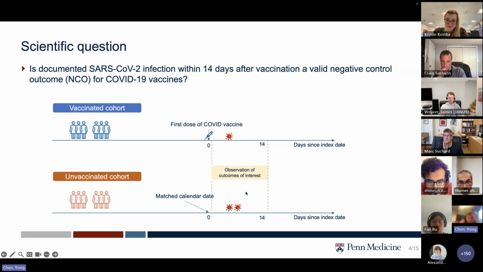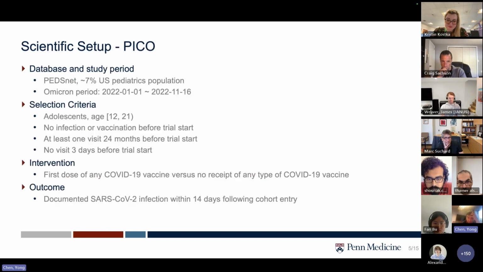To avoid this so-called immortal time bias, we implemented this sequential trial emulation, but that's the more technical side. So the study setup is that we have a large database, PEDSnet, accounting for about 7% of the US pediatric population. And we have this selection criteria.